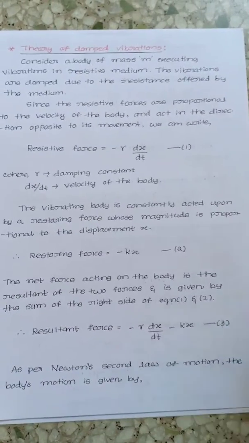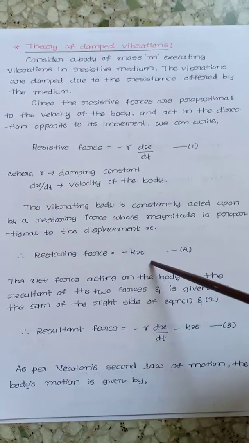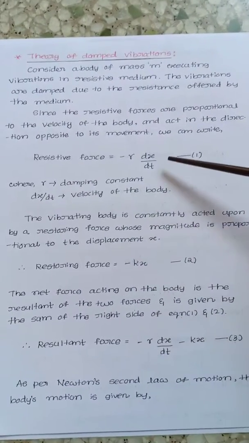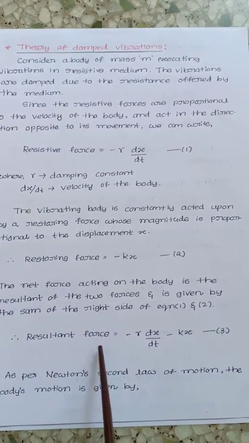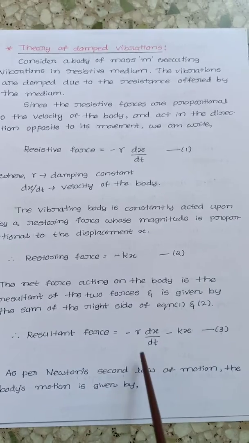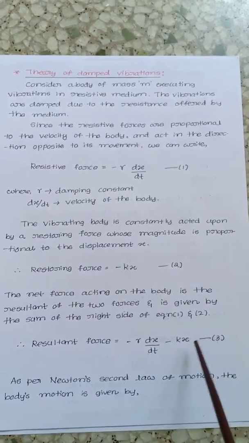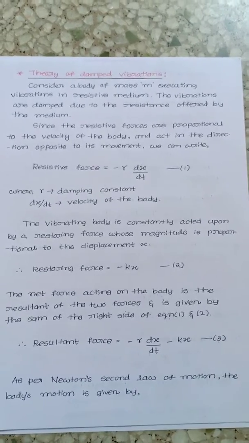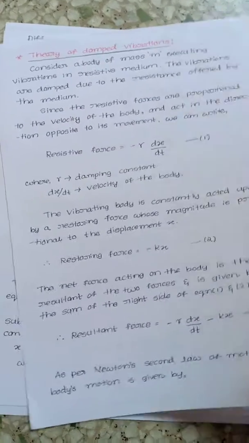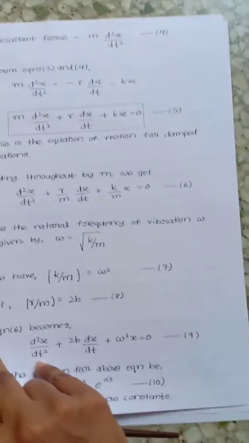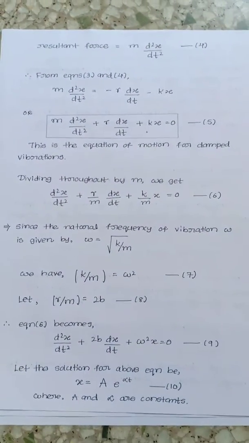Next, the restoring force is given by minus k into x. Now combining these two forces, the resultant force will be equal to minus r into dx by dt minus kx. Take it as equation number 3. Now from Newton's second law of motion, we can write the resultant force as m into d square x by dt square, equation 4.